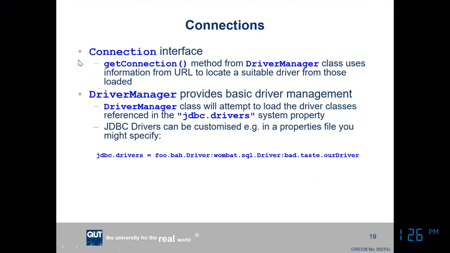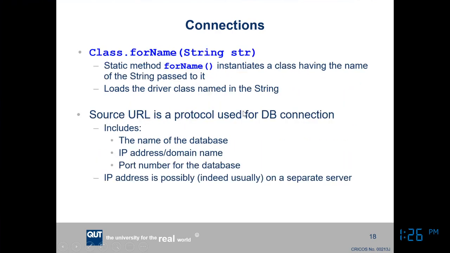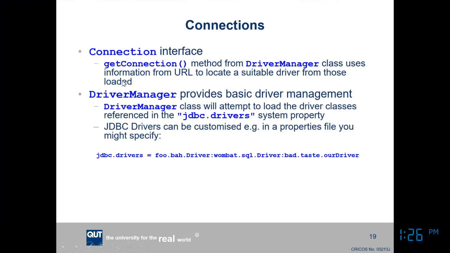And so that's the old way. The new way is this Connection interface, and the idea is that DriverManager is a class that has a static method called getConnection, which makes use of the information from that URL. So this source URL, which tells you the protocol and all that, it gets information from there in order to work out what database driver you want to load.